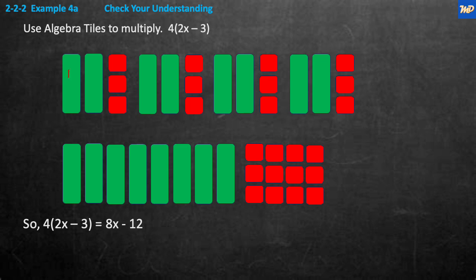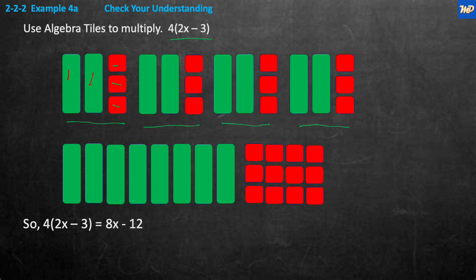So here's 2x's minus 3. And we're going to do that 4 times. So now we've got 2x minus 3, 4 times. That's what this expression says.